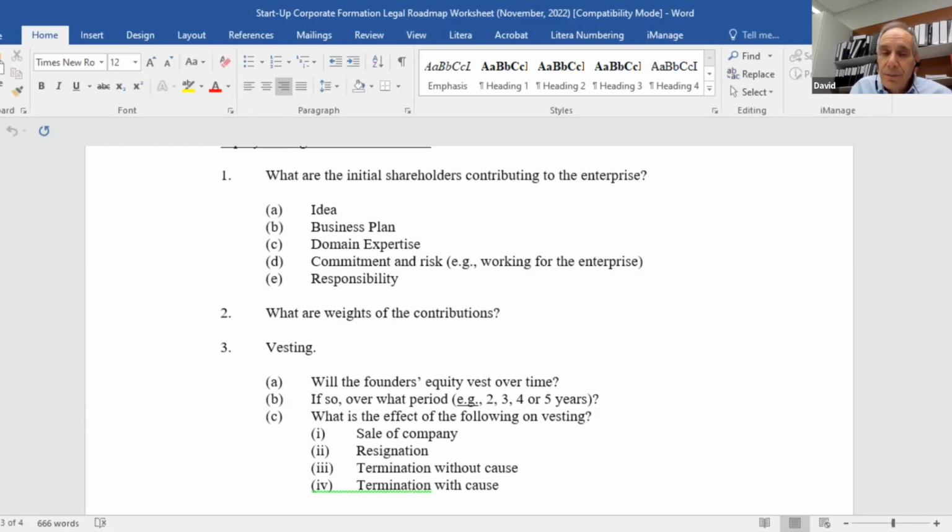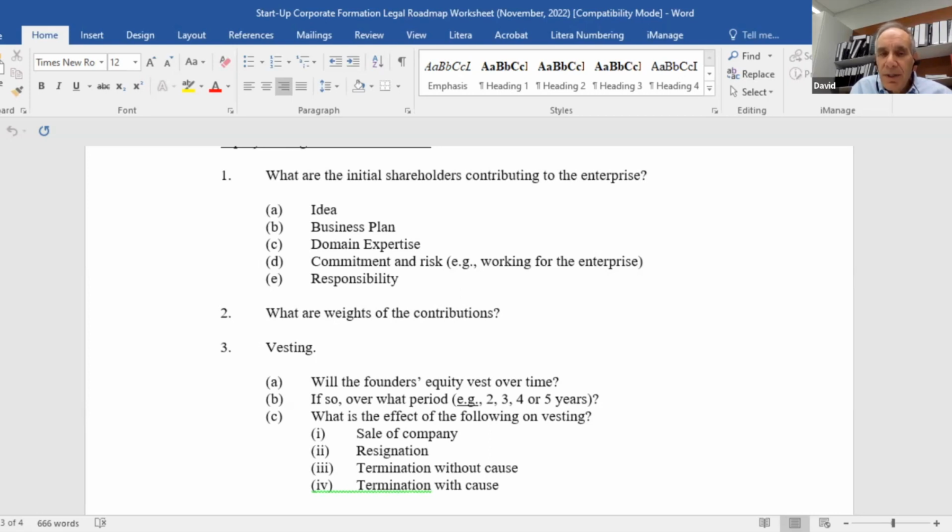Let's weight 2 things. One is, what is each person's contribution for this, from 1 to 10. So for example, to the extent that we have a professor who's going to be sort of an advisor, but is not going to have any role going forward, then he's at a 10 for the idea.